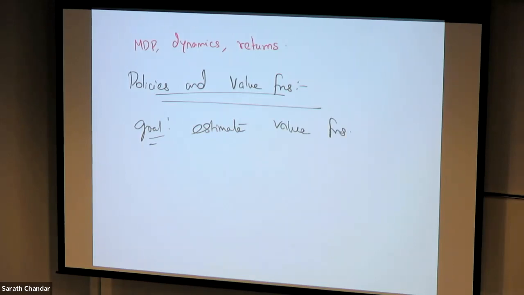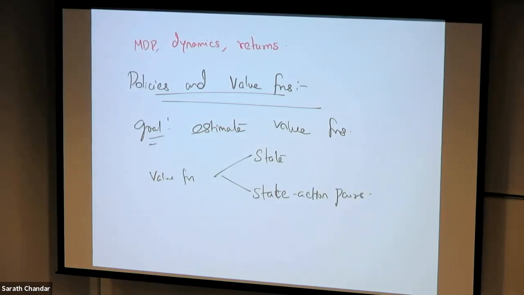Now these value functions can be functions of state or state-action pairs. If it is a state value function, it tells us how good the state is in general. If it is a state-action value function, it tells us how good it is to perform this action in this particular state. These value functions are often defined with respect to policies.